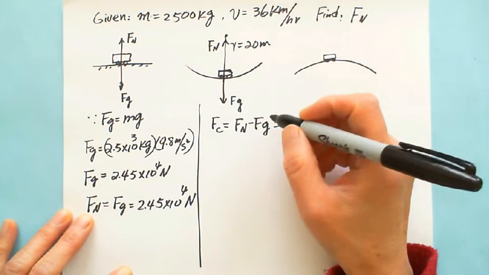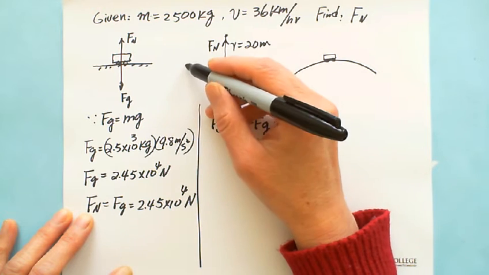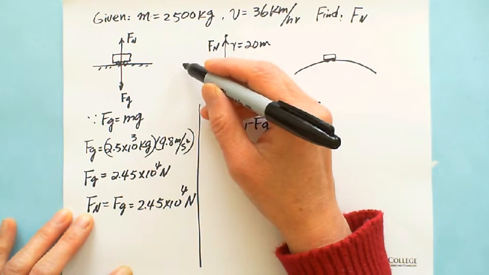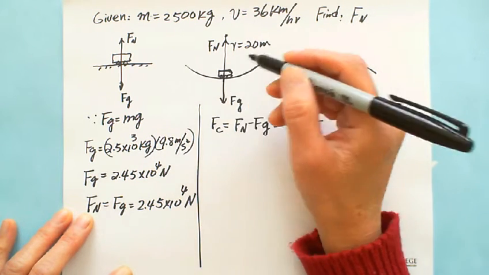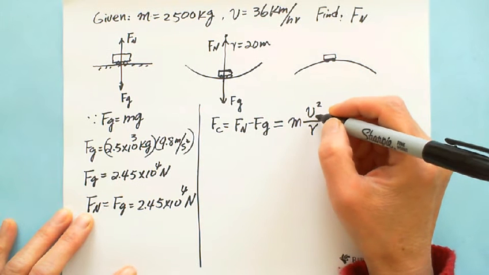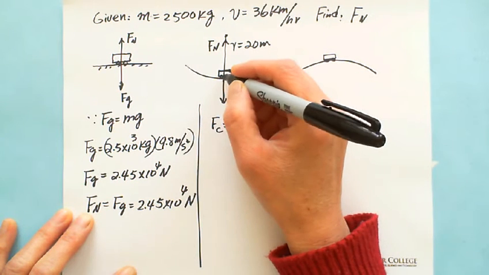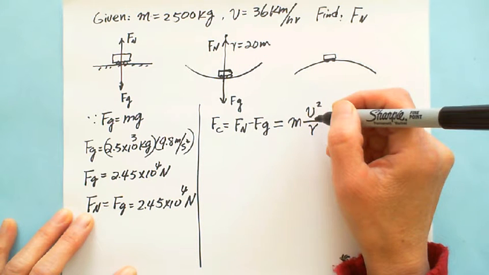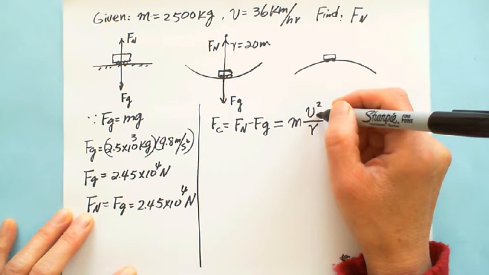This is at the bottom of this shaped road, and we're only talking about this moment, so we label it as v at the bottom.